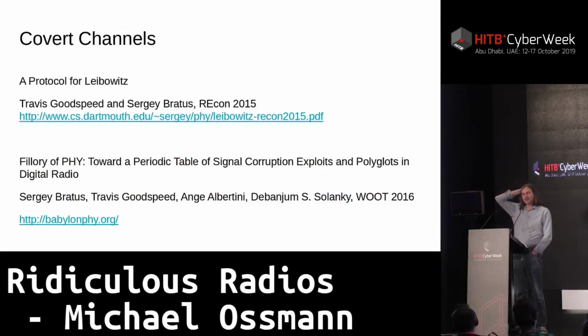And this idea of producing covert channels by having multiple different types of modulation simultaneously has existed before, most notably by Travis Goodspeed and Sergey Bratus, who did some work, with some other friends in some cases, on classifying different physical layer modulations and radio systems, and making what they call polyglots, which are a radio modulation that's made up of multiple modulations.